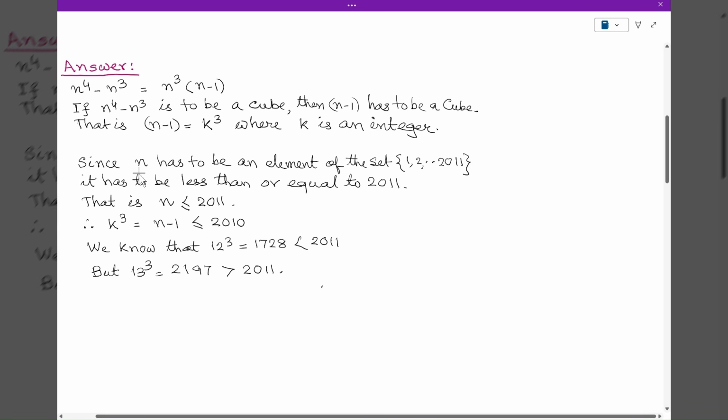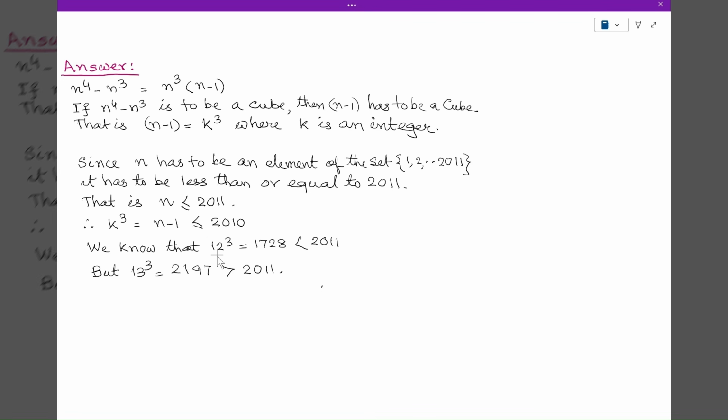Since n has to be an element of the set {1, 2, 3, ..., 2011}, it has to be less than or equal to 2011. Therefore, k^3, which is equal to n - 1, has to be less than or equal to 2010.